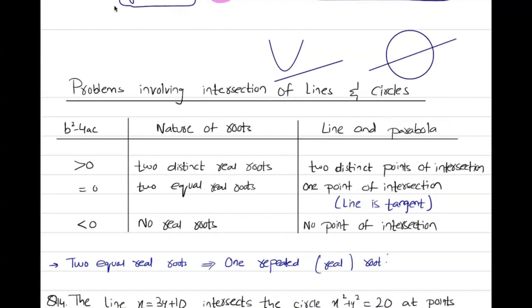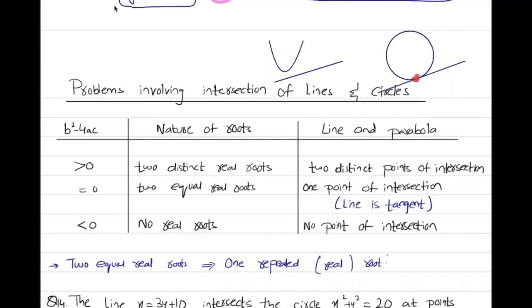The other possibility is that the line is tangent to the circle. If a line is tangent to the circle, then it is going to be intersecting at only 1 point. So when you solve the equation simultaneously, the nature of the roots of the resulting equation is going to be real and equal. There are going to be two equal roots. And for that to happen, the discriminant of the quadratic equation must be equal to 0.